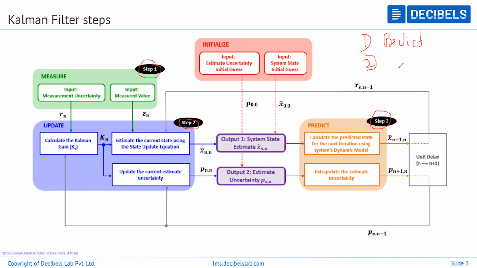Second is Kalman gain estimation. Third one is update. Not to worry about these patterns; I'll go to the next slide so as not to confuse you.